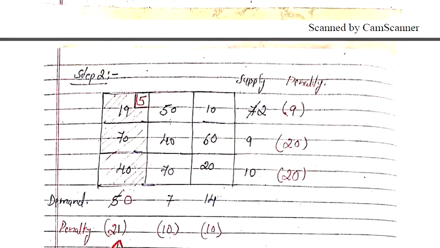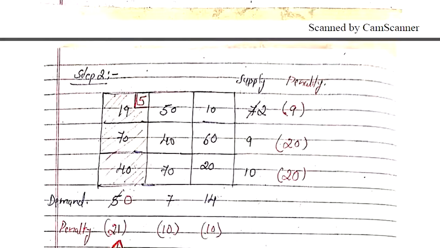Out of that 40 is the minimum cost and 50 is the next cost, so 50 minus 40 is 10. That is my penalty. In this particular third column I have the minimum cost as 10, and the very next cost nearer to that is 20, so 20 minus 10 is my penalty.